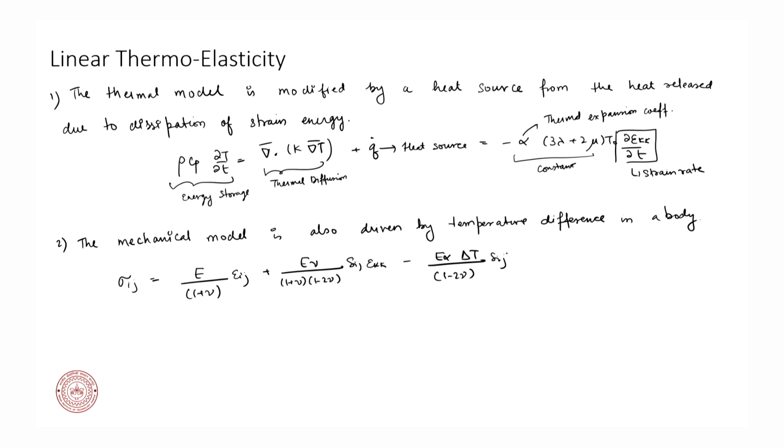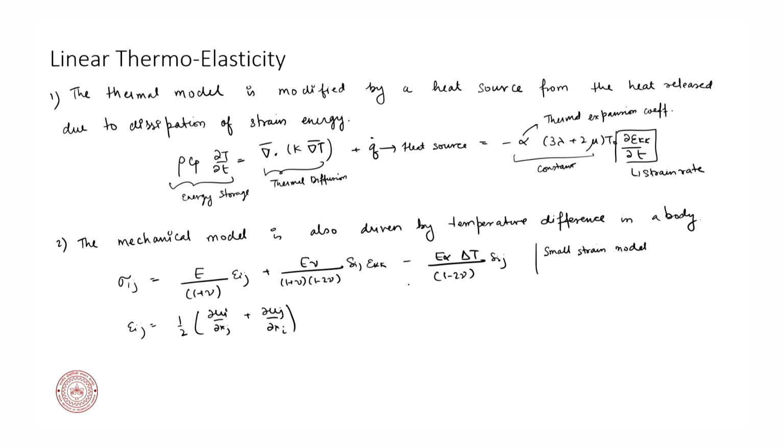Okay. So, what we are using is a small strain model where epsilon ij is an infinitesimal strain tensor, that is del ui by del xj plus del uj by del xi, and we are using an isotropic material. For a cubic isotropic material, this is our stress strain relation between sigma and epsilon.